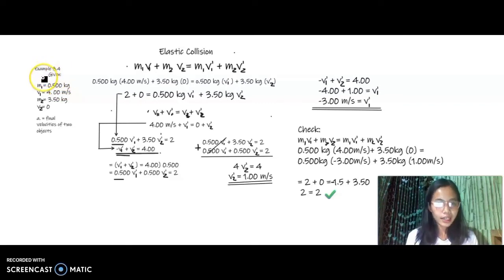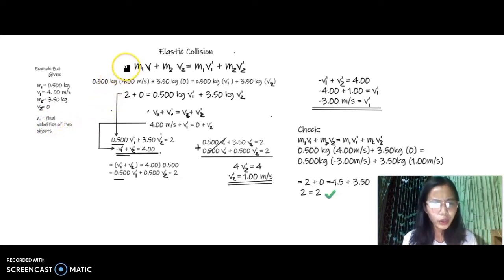Our given again is mass 1, 0.500 kilogram, velocity 1 is 4 meters per second, mass 2 is 3.50 kilogram, and velocity 2 is 0 since the second object is initially at rest. What we're going to find here is the final velocities of the two objects after the collision.